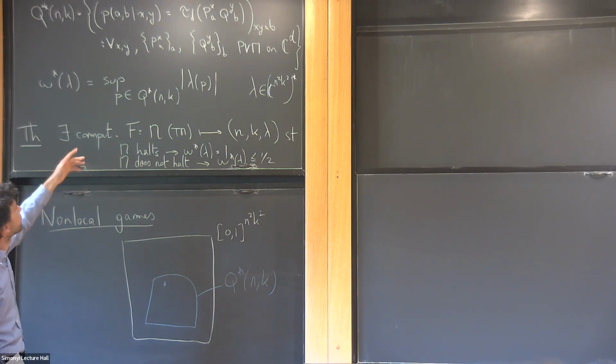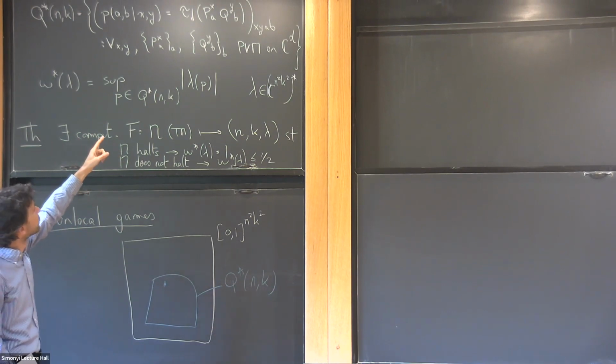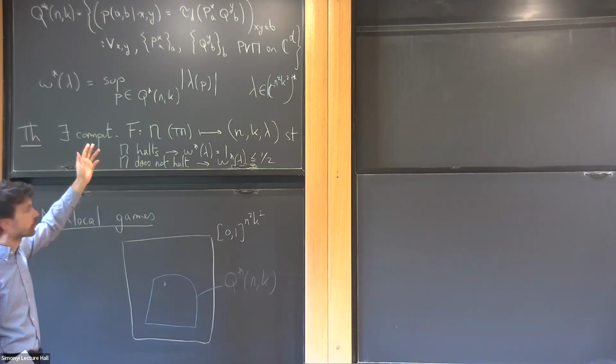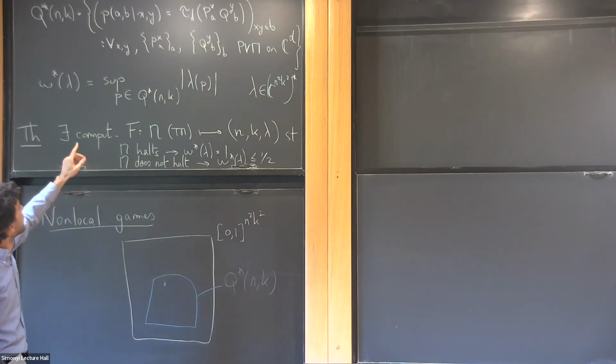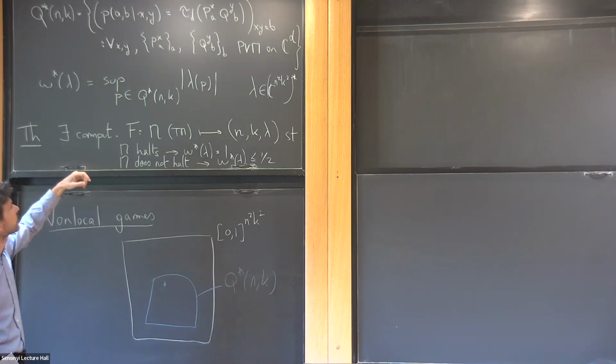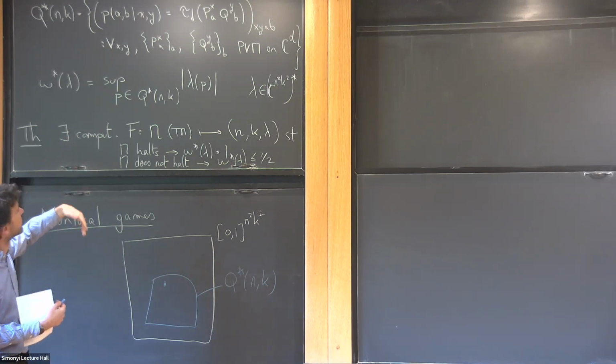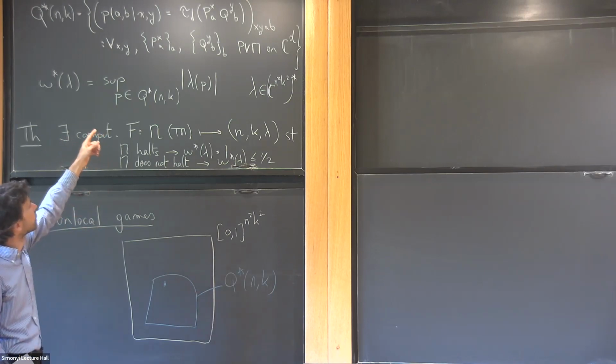So it's 1 over d times the trace of the product of P and Q. P and Q are just projections in finite dimensions. And for every x, the collection of P_x^a's is what we call a projective measurement. It just means that they're orthogonal projections that sum to identity when you sum over a. So for every x, we have a partition of identity. For every y, we have a partition of identity, and we compute the trace of their products.